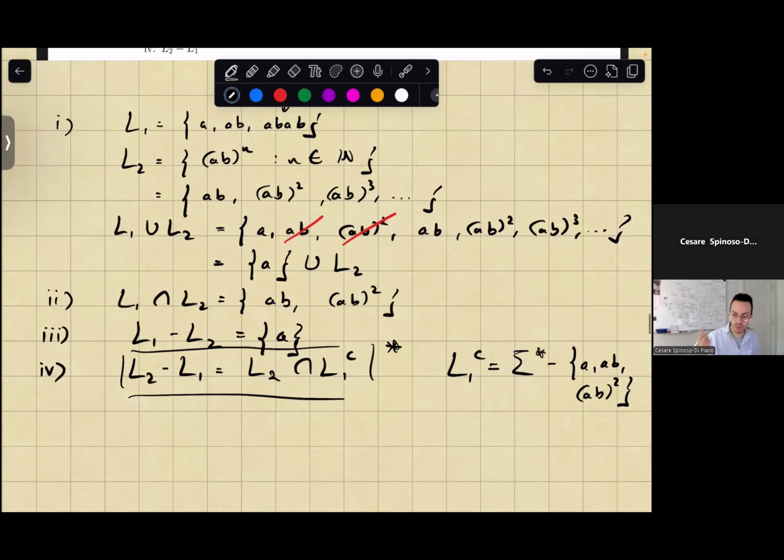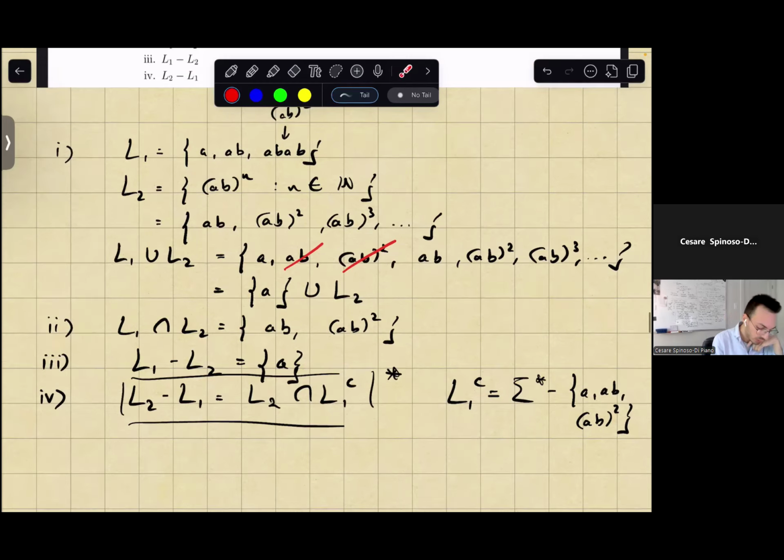So instead, I'm just going to repeat the same manual process. In this case, I can't go through each element in L2 because it's infinite. So I'm just going to notice if there are any patterns. So for L2, I have strings that look like AB power n. Do I have any strings that have the same pattern in L1? Well, yes, I have two, right? I have AB and AB squared.